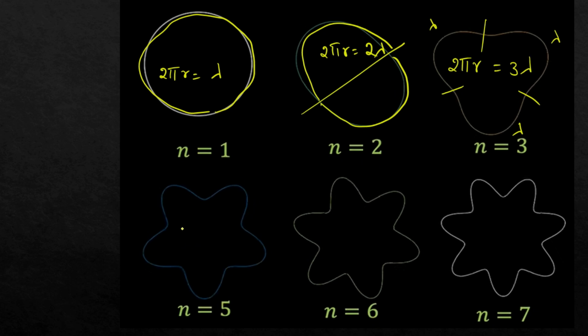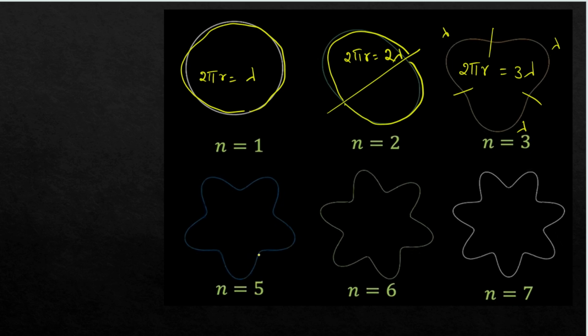So the electron is not moving in a circular orbit, it is moving in wavy paths, where n is the orbit number and lambda is the wavelength. See for the fifth orbit: first lambda, second, third, fourth, and fifth.